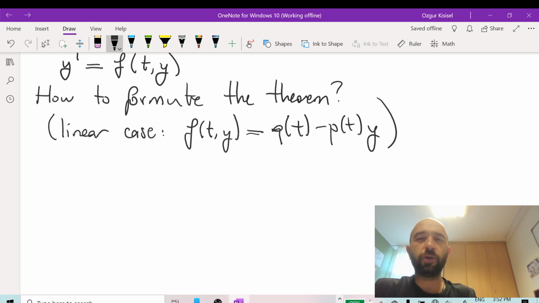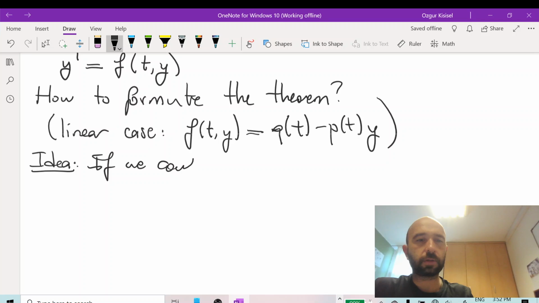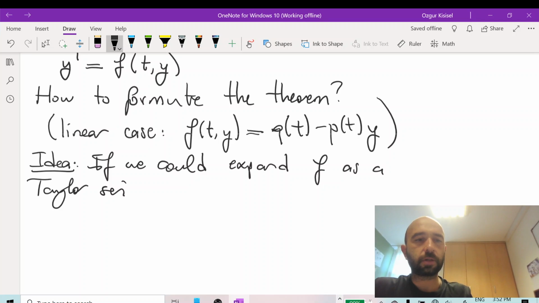But the observation here is, if you remember Taylor series well, if we could expand f as a Taylor series with respect to y.